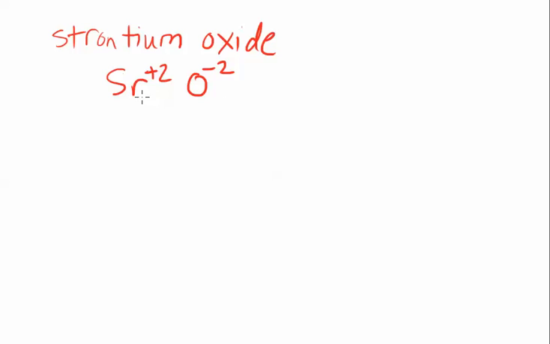We have 1 strontium, 1 oxide. Does that add up to 0? Yeah, 2 minus 2 is 0. So we just need 1 of each of these ions. Here's our formula. Remember, in the final formula, the subscripts of 1 aren't written. That looks like Shro. I don't know what Shro is. This should be a capital. Oh, I made that a little small.